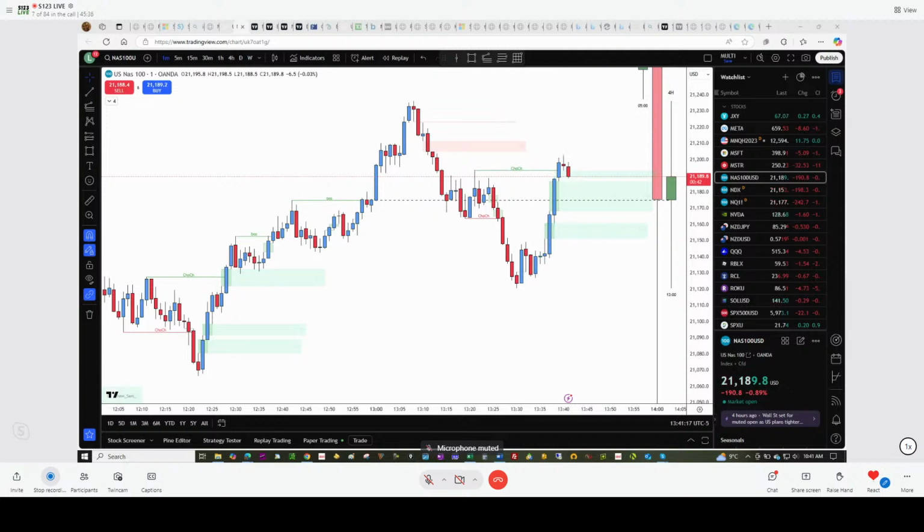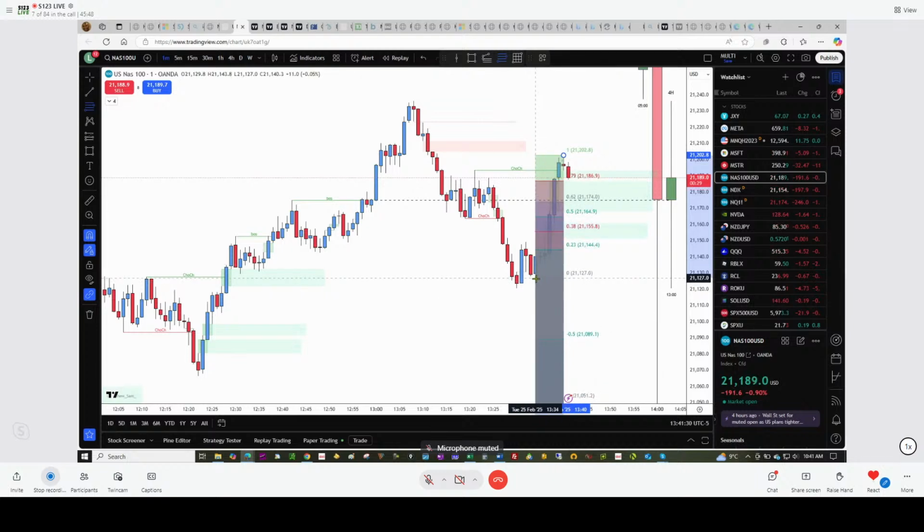So how can we know which one we're going to go back to? That's always the trick. So there's a couple of ways I kind of figure it out. From the high down to this low, I'm looking for approximately 50%, or 38 to 50% is what I want from the number 3 point to the high.